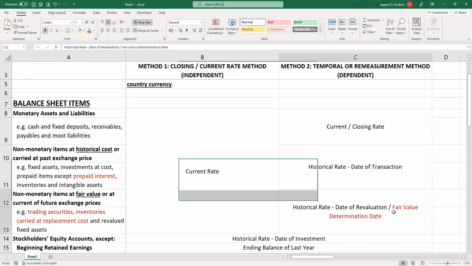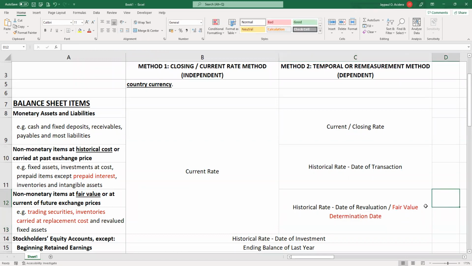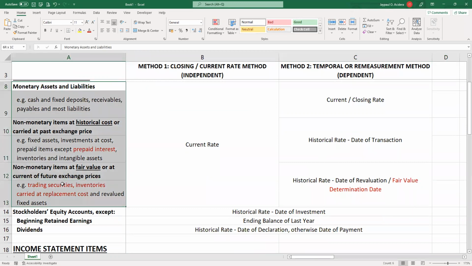Kasi nga, kapag nag-fair value tayo, gagamitin din natin yung year-end na rates, di ba? So essentially, the historical rate dun sa mga fair value determination date is equal to the closing rate. Okay? Balikan natin yan later. Okay, so yun yung for the assets and liabilities.